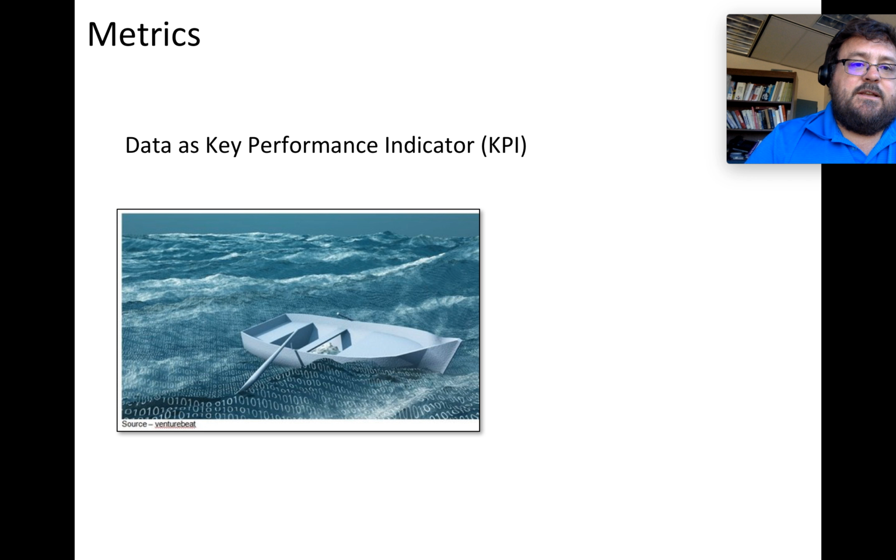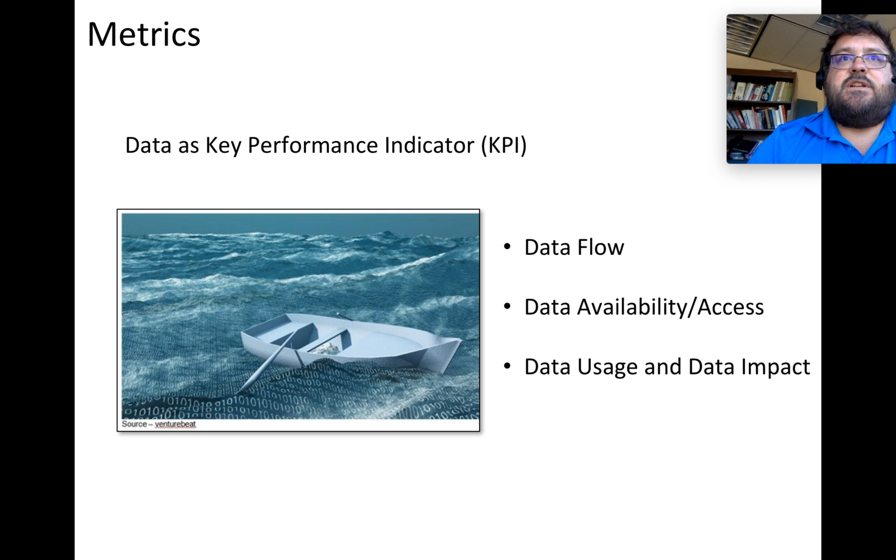Basically, what I'm trying to say is data is very important. I think of it as a key performance indicator in terms of flow, how much data is flowing, especially when we're talking about the real-time system, and how much of that data is getting into forecast models. How much of that data is available for access and use, and how can we track the impacts? Things like digital object identifiers, which are citable and allow people to cite the data sets they used, can go a long way to helping us provide impact.